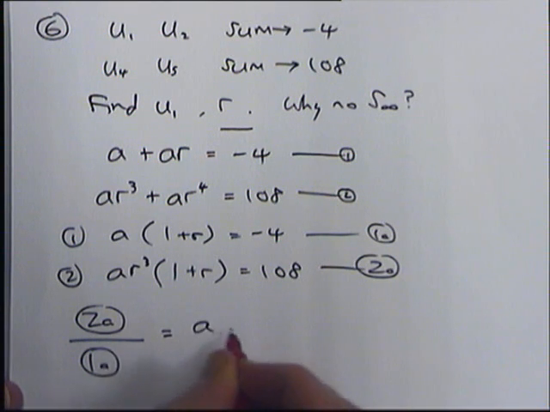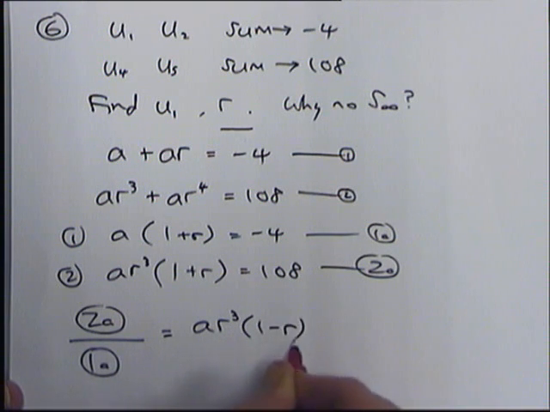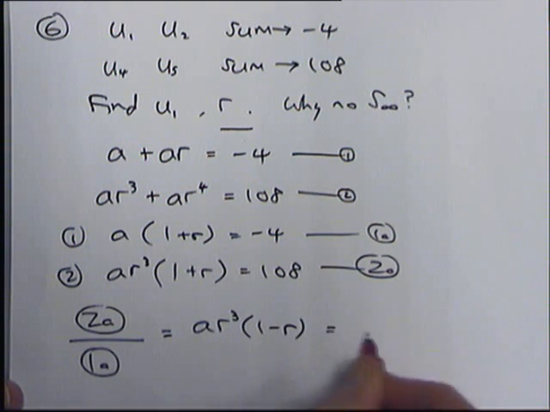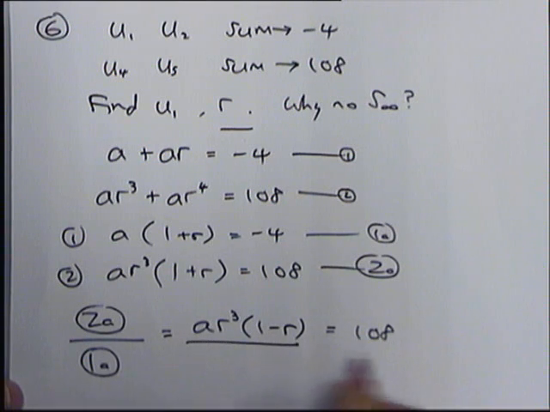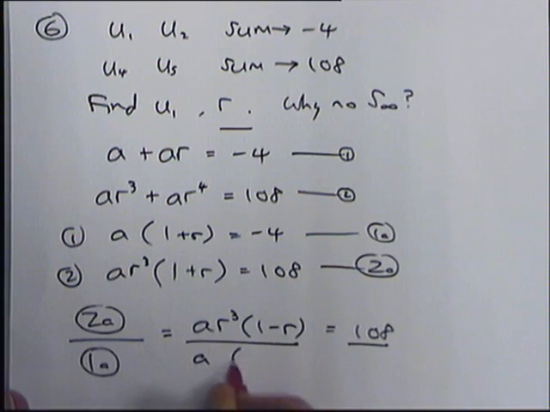So I'm going to write that out. Equation 2a, which is ar cubed into 1 minus r equals 108. And I'm going to divide that on both the left and the right hand side of the equal sign by equation 1a. And 1a is a into 1 minus r equals -4.